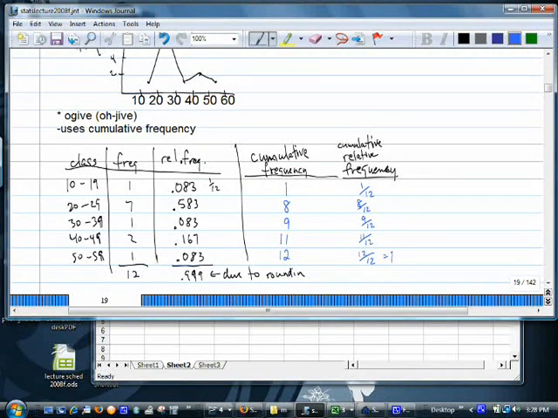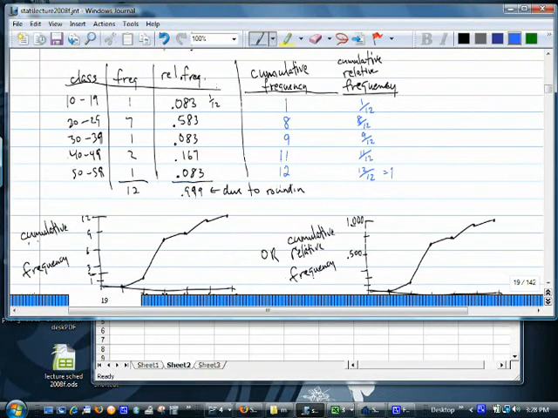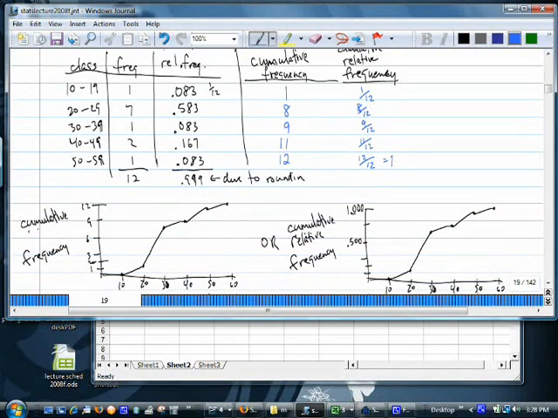Of course, it starts at 0, and then after the first class, it's 1, so you have a dot at 1. Then after the second class, it's a total of 8, so you have a dot at 8. Then 9, then 11, then 12. And just connect them all with lines. And then same thing, but cumulative relative frequency.